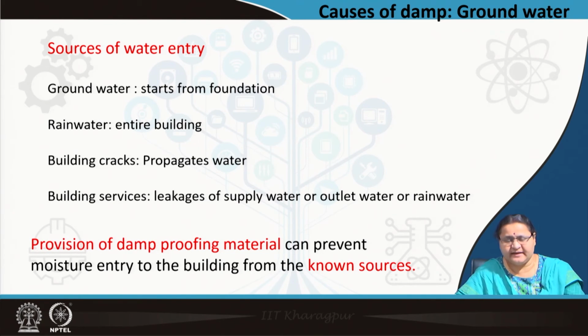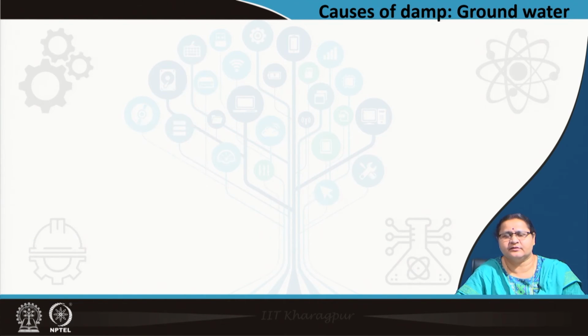Provision of damp proofing material can prevent moisture entry to the building from these known sources. So, our objective is to tap those points from where we can minimize the chances of damp propagating inside the building, and we take measures for controlling that.